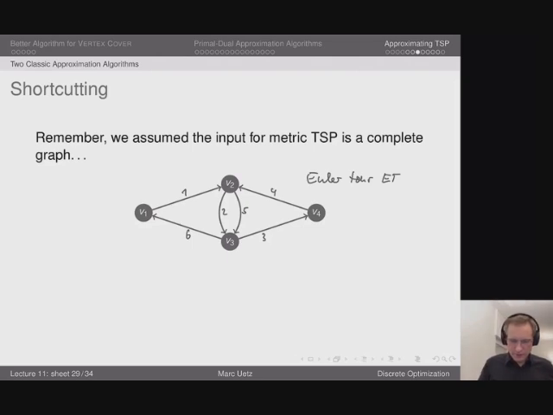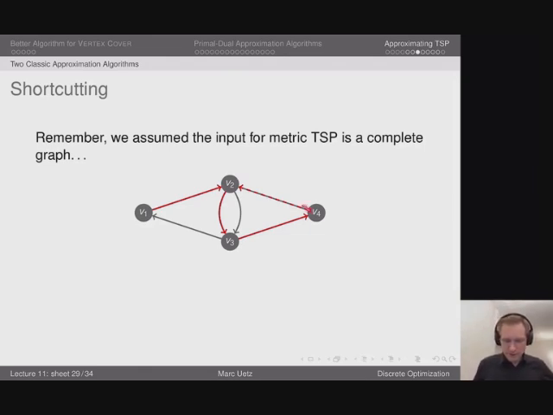It goes as follows. I start walking along the Euler tour. Okay. I continue walking along the Euler tour. Nothing happens. But now for the first time, I would be visiting a vertex where I have been already. And remember that in a Hamiltonian tour, we have to visit each vertex exactly once.